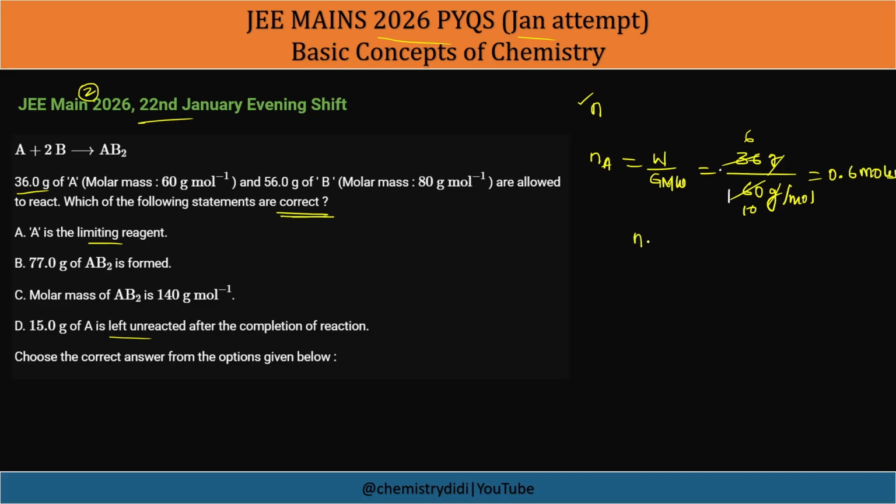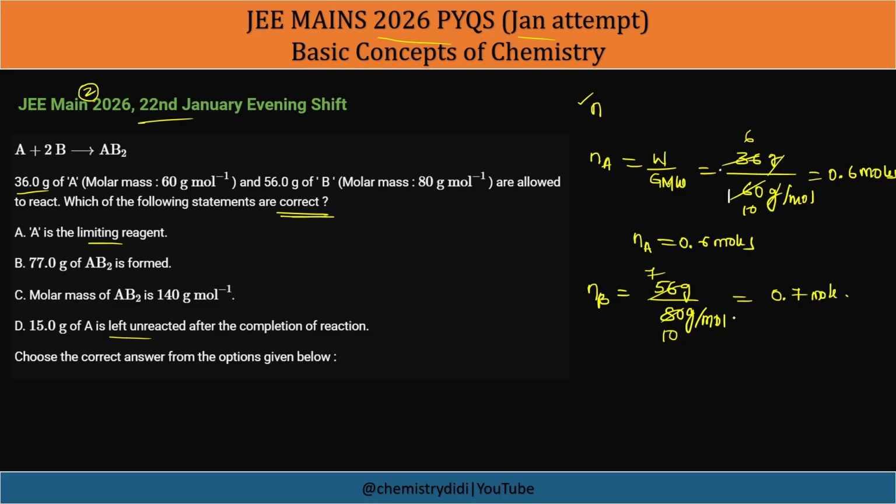So the number of moles of A is 0.6 moles, and the number of moles of B is, same thing, 56 grams by 80 gram per mole. Here you can cancel in the 8 table only: 8 sevens are 56, so 8 tens, which is 0.7 moles.